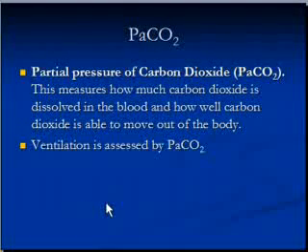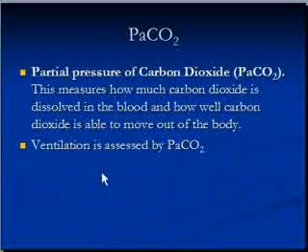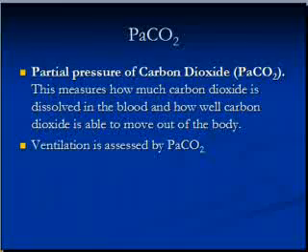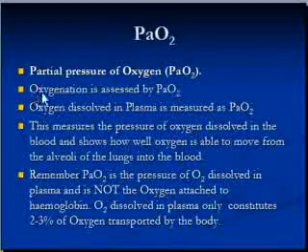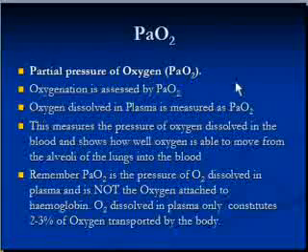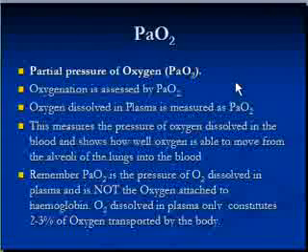Partial pressure of carbon dioxide. This measures how much carbon dioxide is dissolved in blood and how well carbon dioxide is able to move out of the body. Ventilation is assessed by partial pressure of carbon dioxide. Partial pressure of oxygen. Oxygenation is assessed by partial pressure of oxygen. Oxygen dissolved in plasma is measured as partial pressure of oxygen.